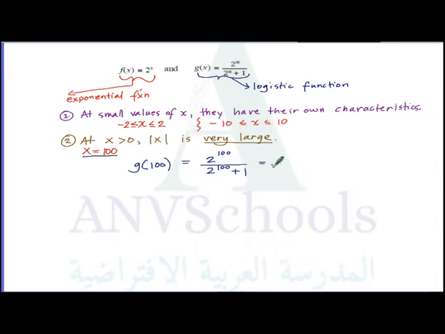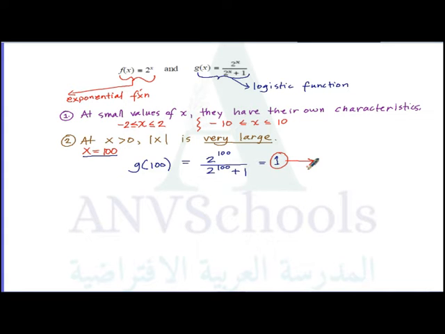Taking your calculator with you, let us calculate together. 2 raised to 100 divided by 2 raised to 100 plus 1 will give me 1. Why is that so?